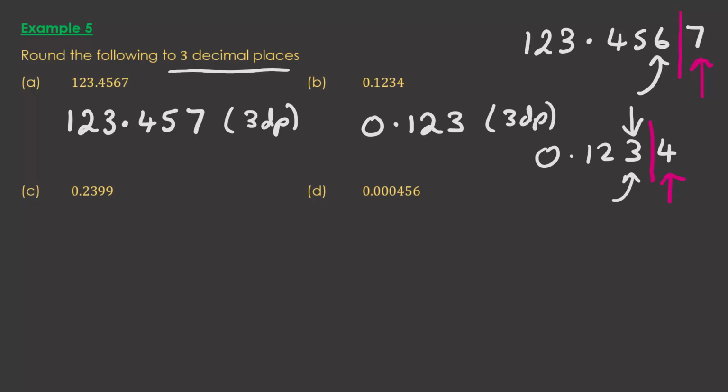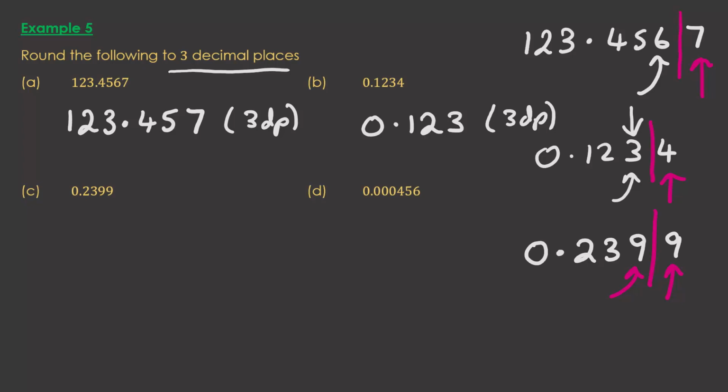Now the next one's a little bit trickier. 0.2399. And we're going to chop here, and the check digit is 9, which means that the 9 just here needs to round up.